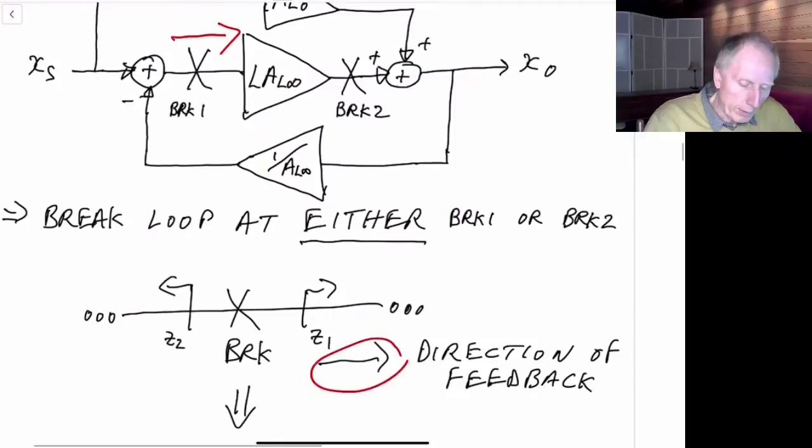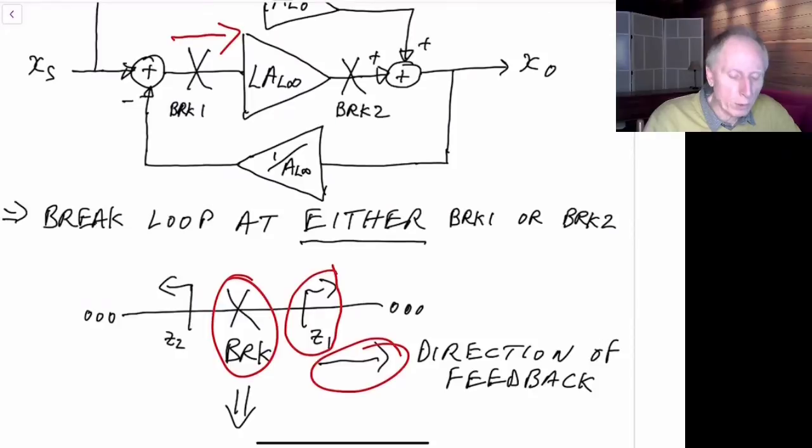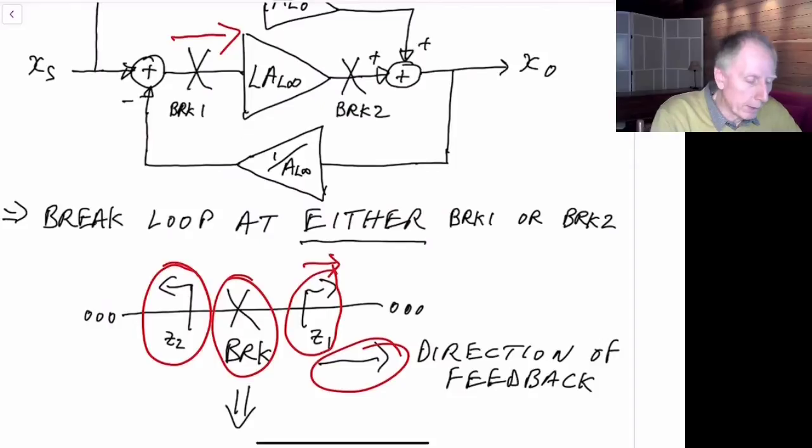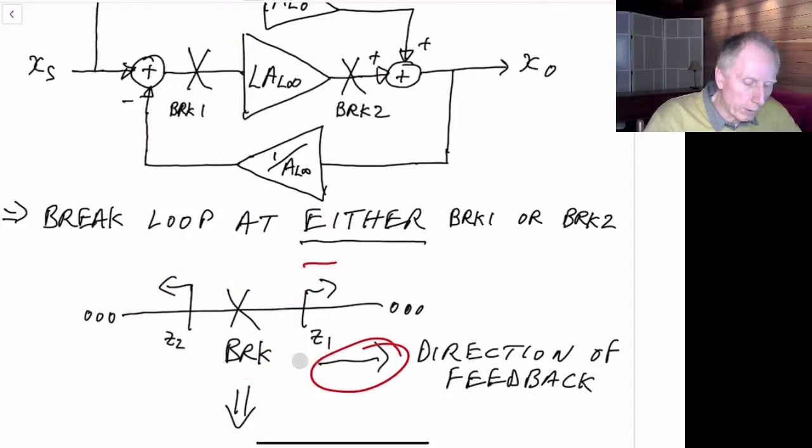When we break it in this location, we'll first find the impedance looking to the right, and we'll call that Z1. We'll also find the impedance looking to the left, and we'll call that Z2. In both of these cases, we'll make the input signal x sub s equal to 0. So whenever we're finding these input and output transfer functions, or impedances, we set x sub s equal to 0.